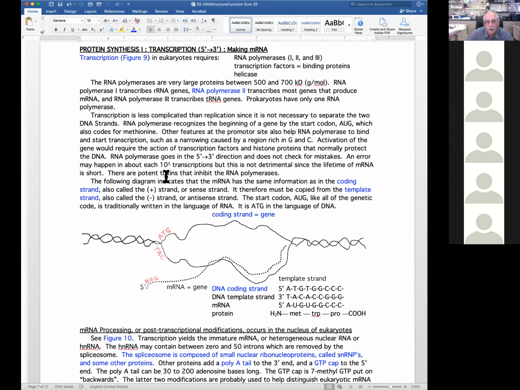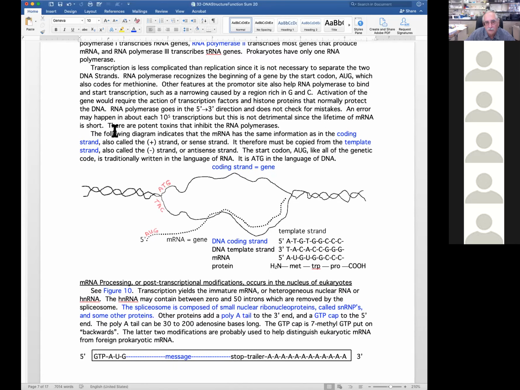And you may get an error about every 10,000 transcriptions, but no big deal. The other thing is that there are some extremely potent toxins that inhibit the RNA polymerases. One thing that maybe you should think about: if for some reason an organism was not able to synthesize new proteins, that organism is going to be dead within a matter of minutes.